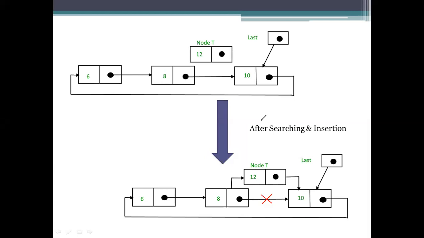Here we are not moving any data. What we are doing is just removing the links and adding the links. So adding and removing links is considered very easy, in terms of ease of access, when you compare with the arrays here. So that's why insertion has that much operations here.